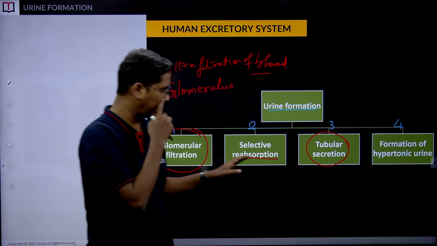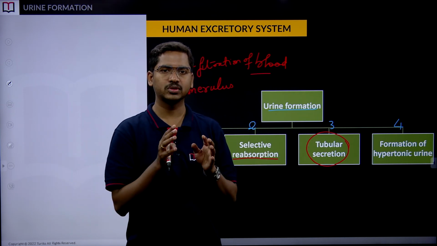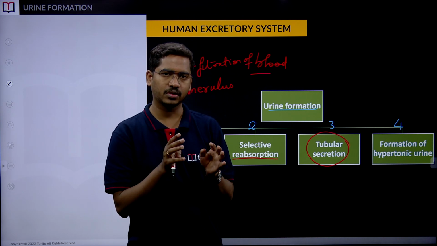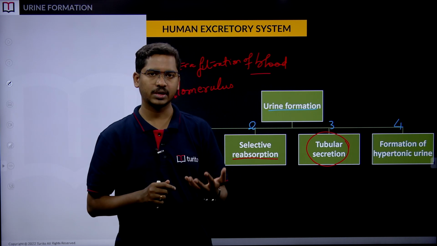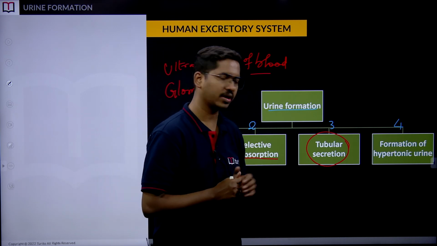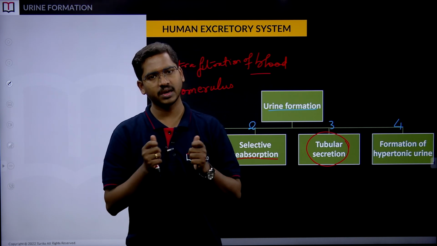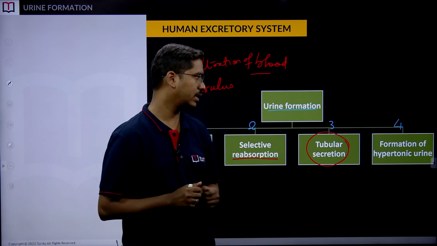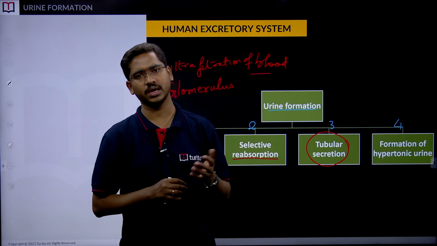So, in order to avoid that alteration, the fluid should have a specific pH that has to be maintained. In order to maintain that pH, tubular secretions happen, that means inside the tube a few substances are secreted by the tube, so that the osmotic balance would be maintained.